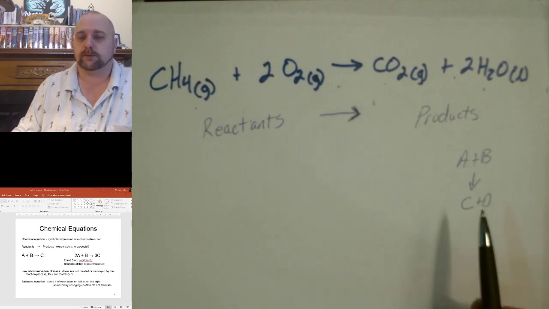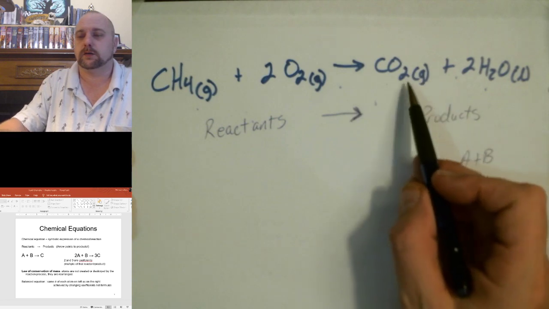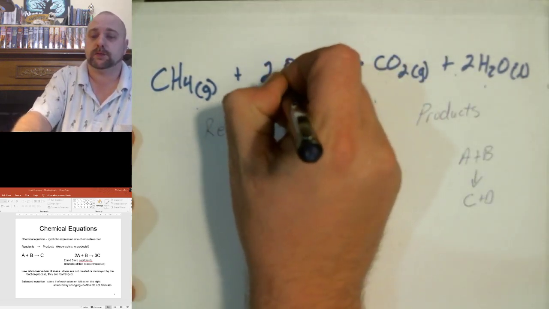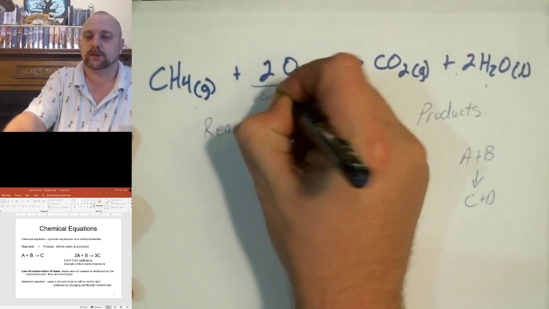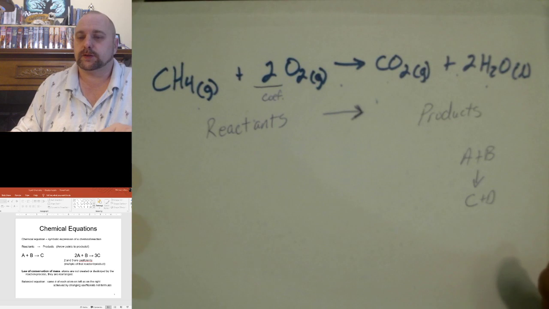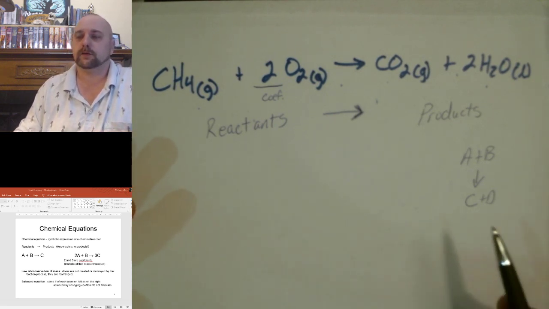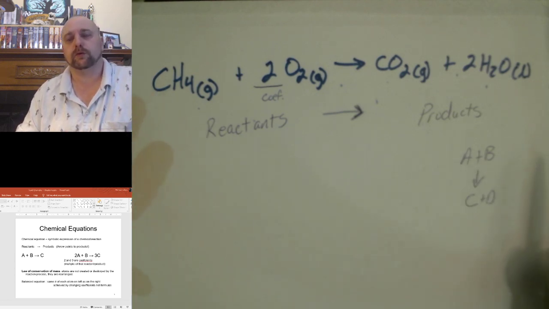The other things we have here, we've got our subscripts that are part of our chemical formulas. We've got a new set of numbers here, and that's at the beginning, and these are coefficients. So these coefficients will tell us how many of these we have. This particular equation actually has 4 coefficients.